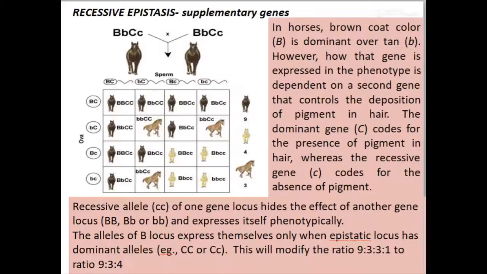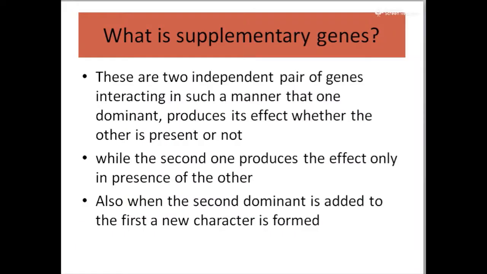See here, capital letter C can produce dark brown only if capital letter B is there. When capital letter B is not there, you get a different phenotype. So they are supplementing each other, and when the second dominant is added to the first, a new character is formed. I guess this is clear to you now. So this is a case of supplementary genes.